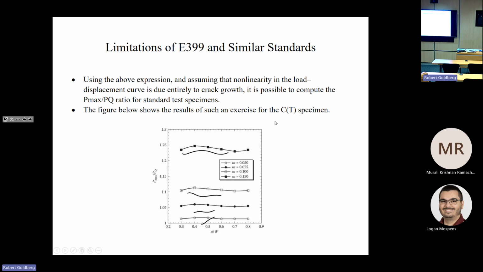This analysis also predicts that the ratio of Pmax over PQ is completely independent of W. These restrictions are only satisfied for M less than 0.1. For M above 0.1, you get a much higher line on the curve here. So ASTM E399 is applicable only to materials with relatively flat R curves.